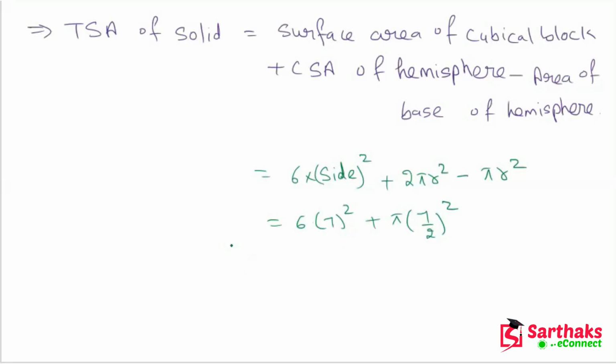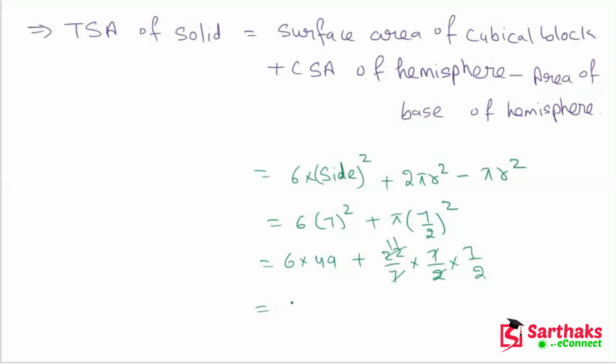So now, my dear friends, we get 6 into 49 plus 22 upon 7 into 7 upon 2 into 7 upon 2. 7 and 7 will be cancelled. From this 2, 22 will be cancelled 11 times.